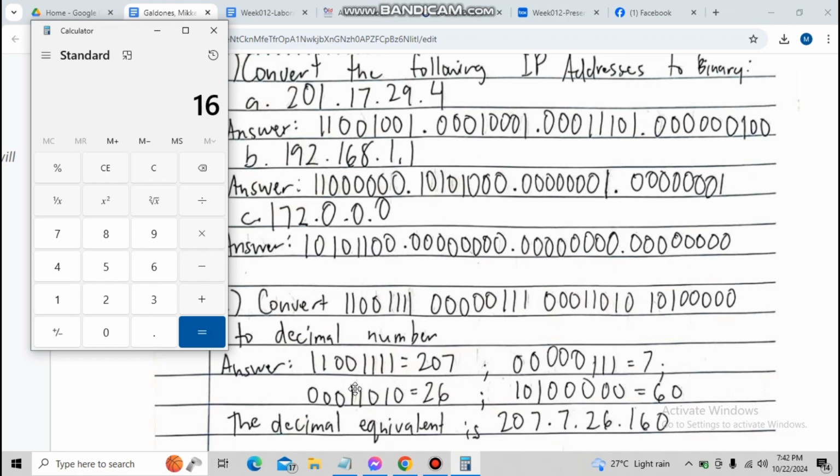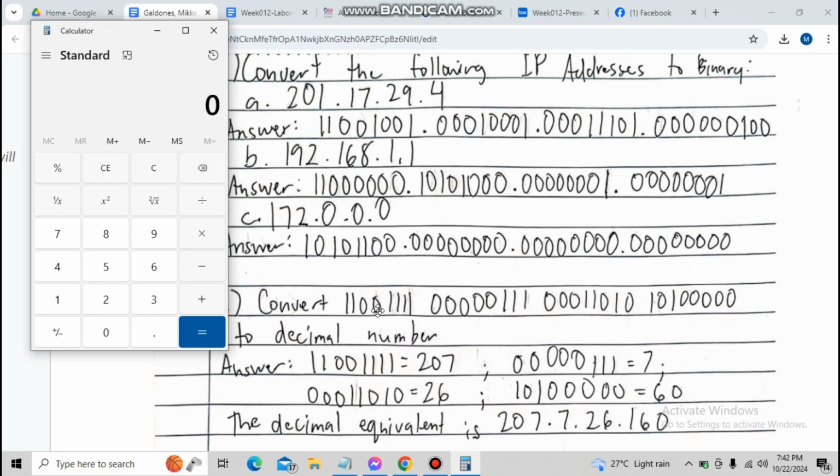Sorry, 16, 8, and 2 are the ones marked, not 16, 8, and 4. So 16 plus 8 is 24, plus 2 is equal to 26. And then for the final part of our binary code, the fourth part of our IP address, 60 is our decimal number, so we'll check if that is correct.